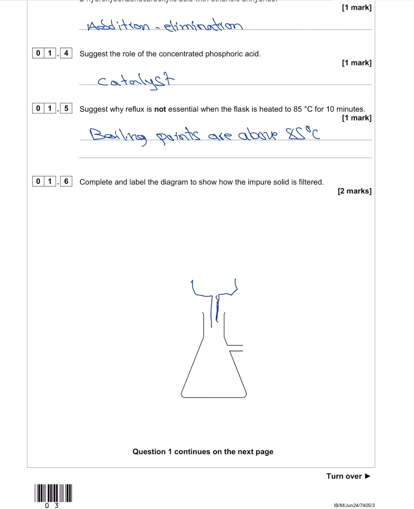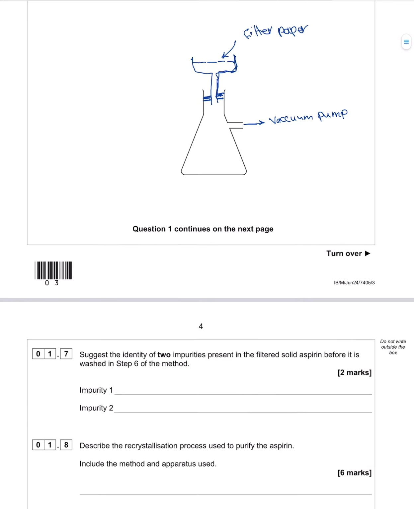So this is how to draw the funnel for the Buchner funnel, and then here, this is the filter paper. And don't forget the bung here as well. And don't forget that there is vacuum here as well, vacuum pump. So this is how to draw this correctly.